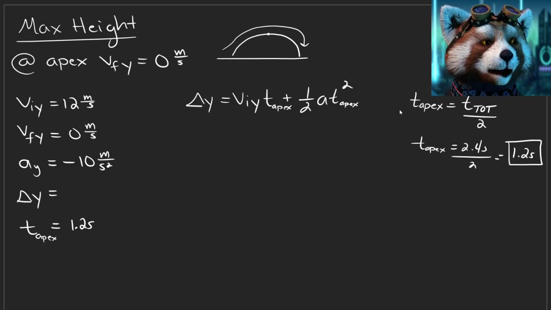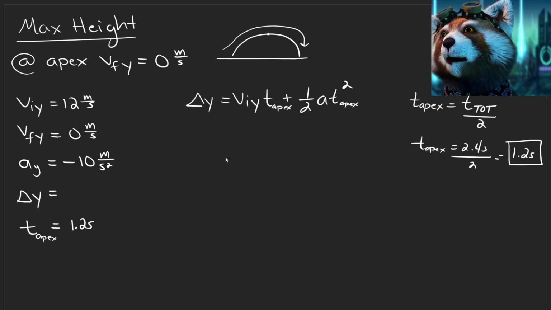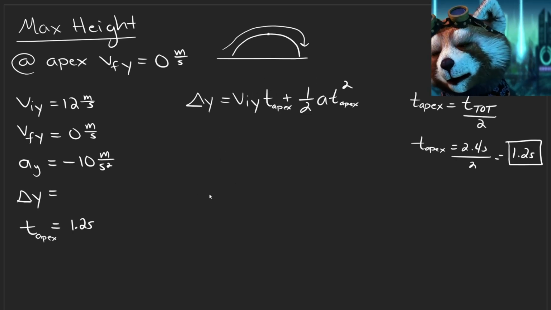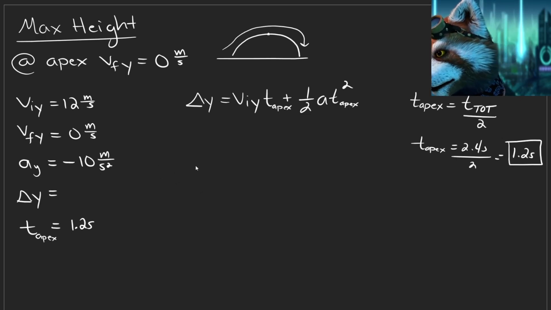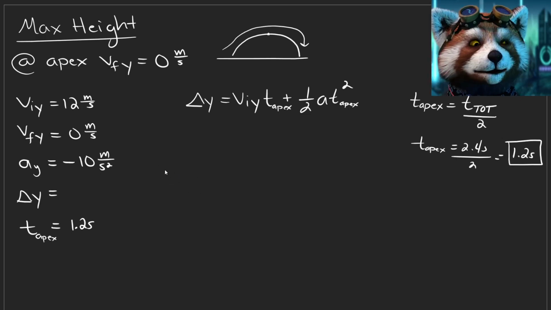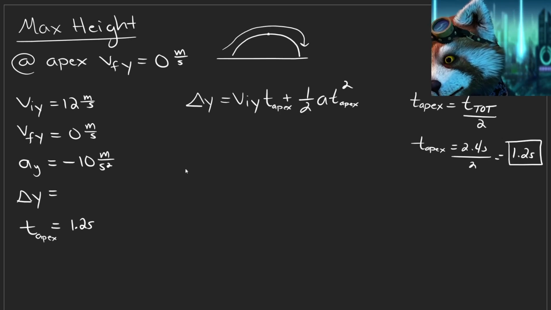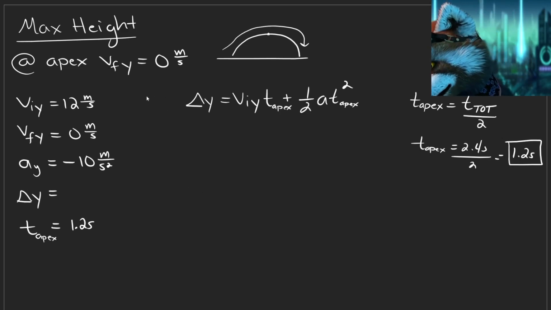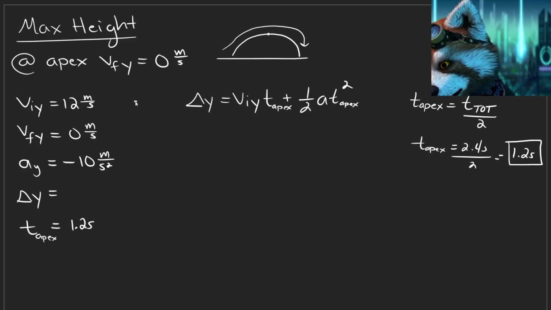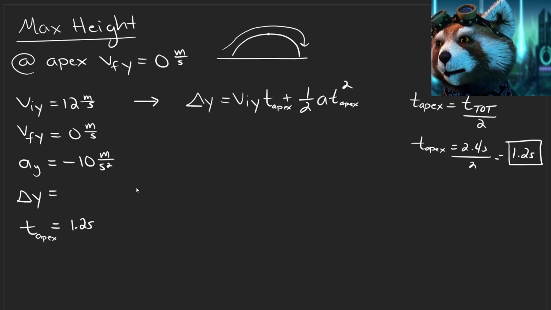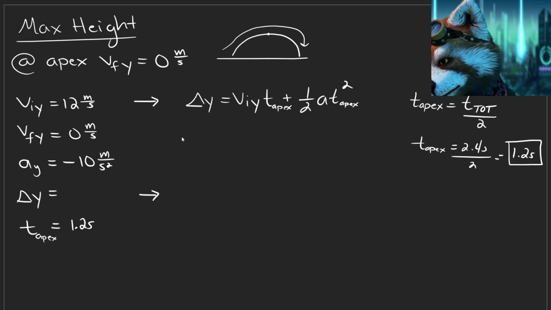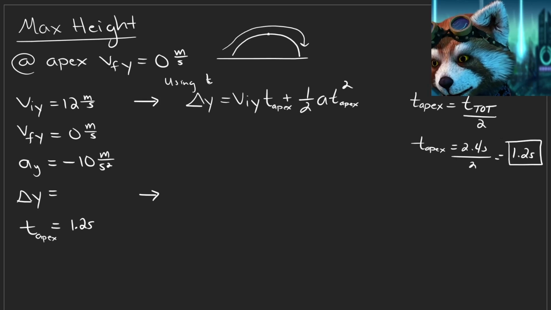Another way that we could do it, if you didn't want to think about it like that, is, well, let's use equation 4. So this is one way, using equation 2, and here's another way to do it.